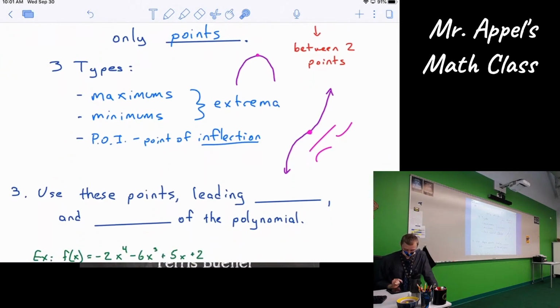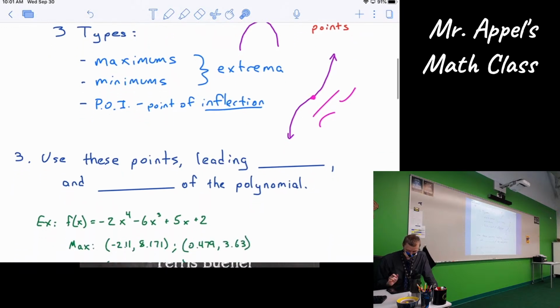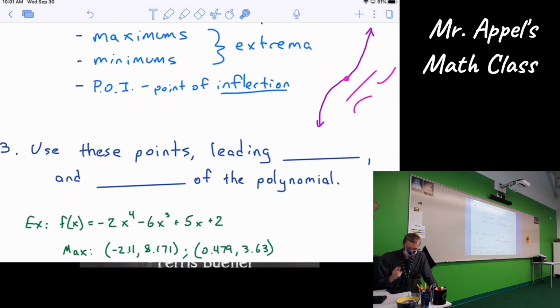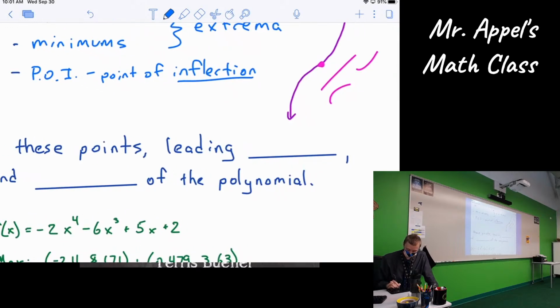So that's not going to be enough. We're going to need a few more pieces of information. We can use those points, those maximums and minimums. We're going to need the leading, not the leading coefficient really, just its sign.